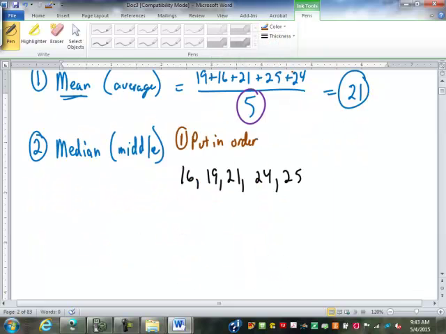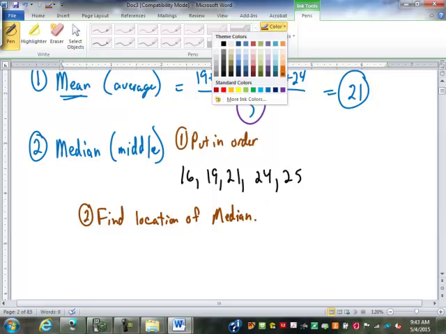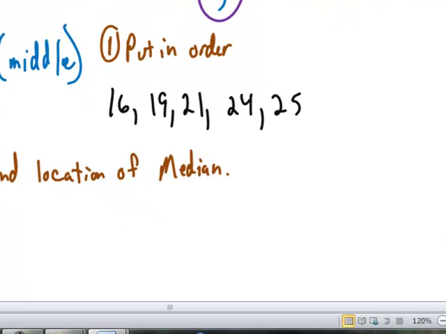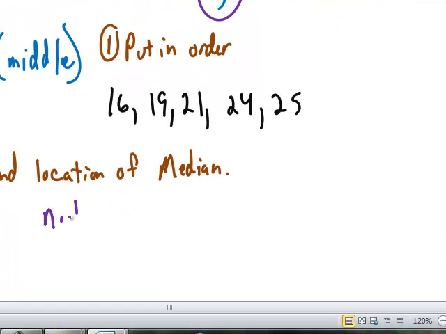Step 2 is to find the location of the median. To find the location of the median, you take n, which in this case is 5. So n times 1/2, or n times 0.5.